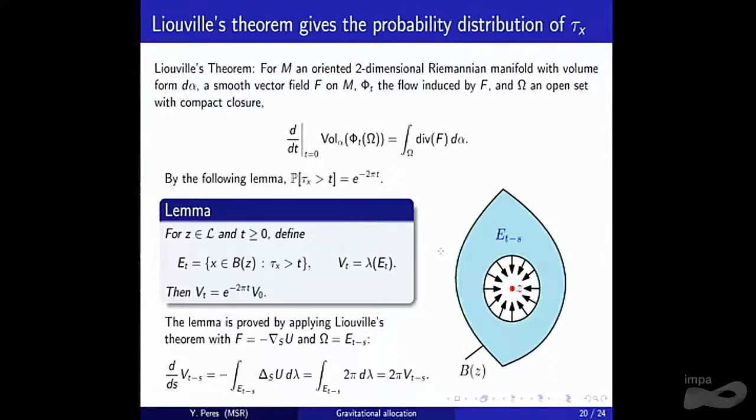And then the Liouville theorem, when you write it down, I'm going to go through this quickly, you get the differential equation for V, which, because of the nature of the potential here, will just give you the differential equation for the exponential. Again, I'm going through this part a little bit quickly. The corresponding paper with all the details is on the archive. So if you want to see more, you can find it there.